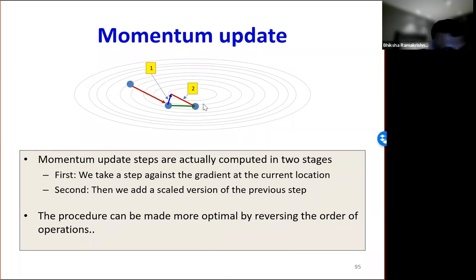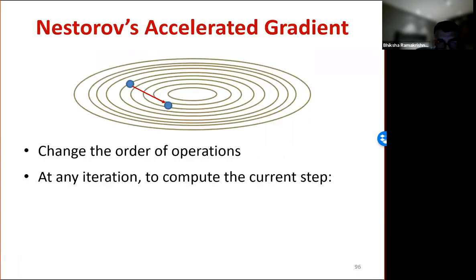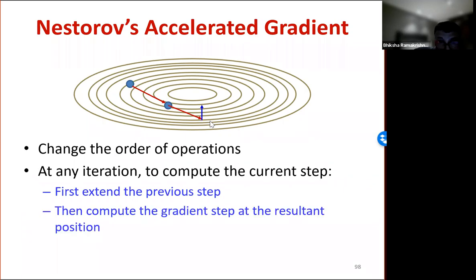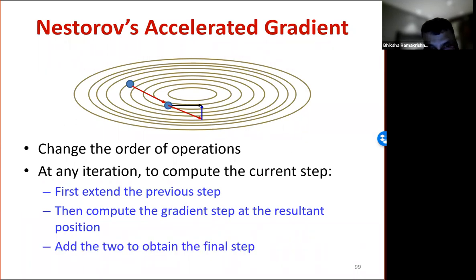But this has a somewhat uncomfortable behavior in that while the gradient is taking you in the direction of steepest descent, this correction is taking you away from the direction of steepest descent. And it isn't clear that this is the optimal thing to be doing. Is there something better we can do? And that gave us Nesterov's method, where you first extended your step like so, and then took a step in the direction of steepest descent. And that was the update.